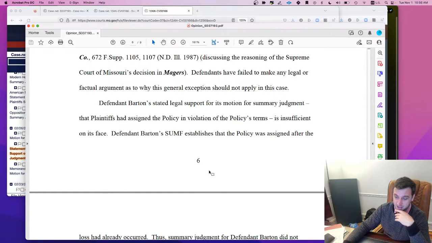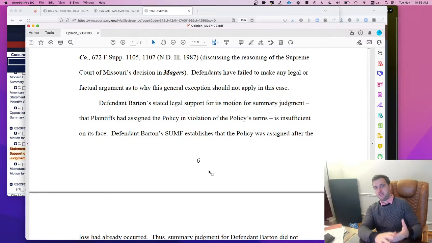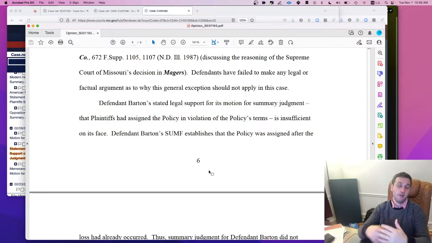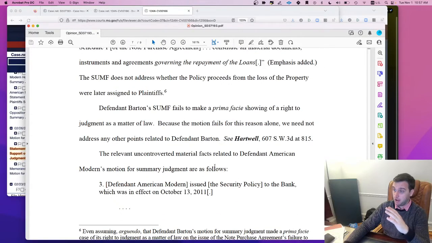The court says that even if the assignment had occurred in advance of the insurance policy being liable for the payment of the funds, then the policy language prohibiting assignment without the insurance company's consent would have worked to invalidate the purported assignment. But the Court of Appeals says the right to be paid under the policy had already been in effect at the time the assignment occurred.